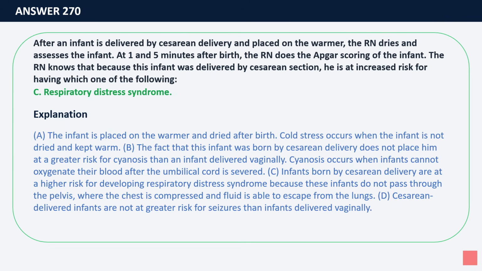Cyanosis occurs when infants cannot oxygenate their blood after the umbilical cord is severed. C. Infants born by cesarean delivery are at a higher risk for developing respiratory distress syndrome because these infants do not pass through the pelvis, where the chest is compressed and fluid is able to escape from the lungs. D. Cesarean delivered infants are not at greater risk for seizures than infants delivered vaginally.